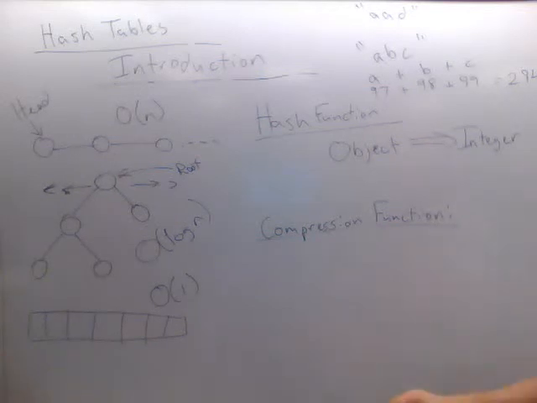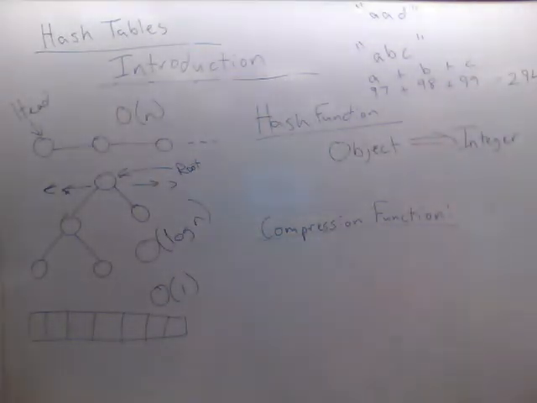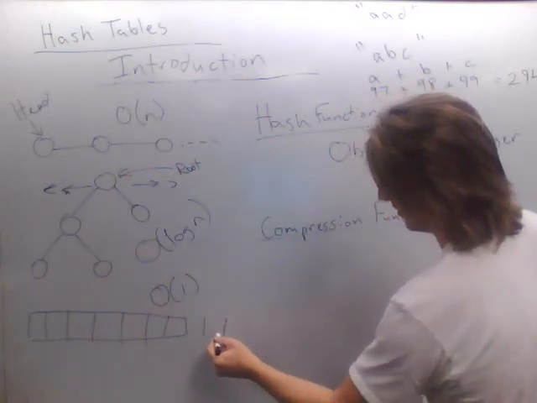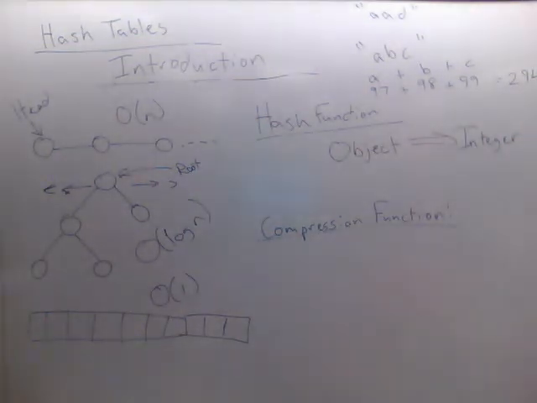However, I only have this many indices, or this many buckets. So 2, 4, 6, 7. Let's make it easy. 8, 9, 10.